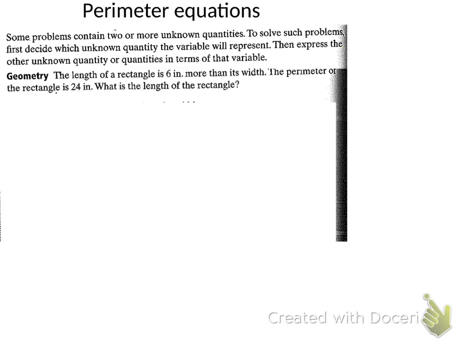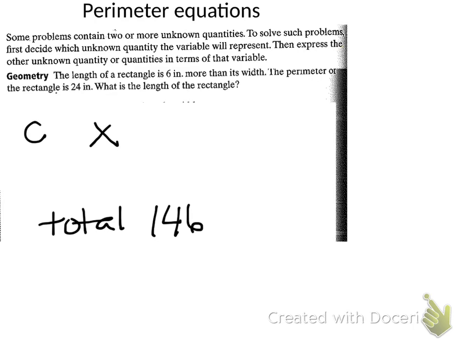In that case, we had to say there are X pounds of chocolate fudge. And then we had to say, well, if there's 146 total pounds, well, then the peanut butter fudge would be 146 minus X. That's what I mean by two or more unknown quantities.